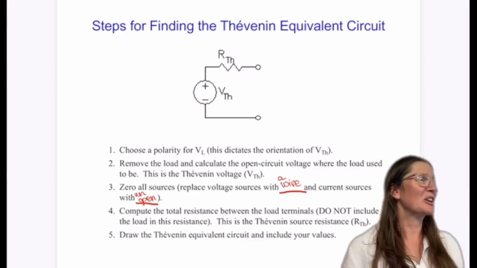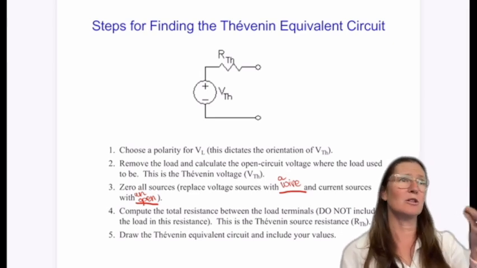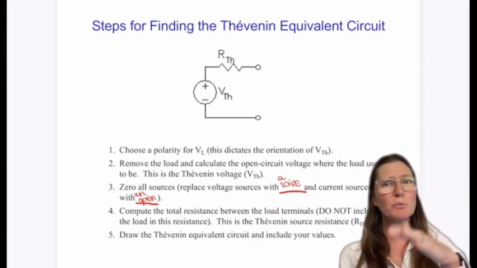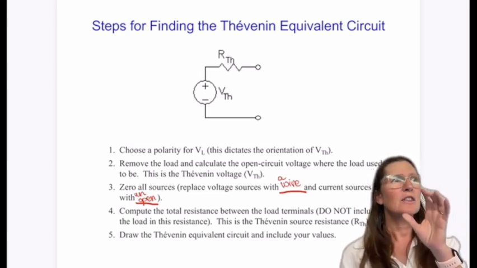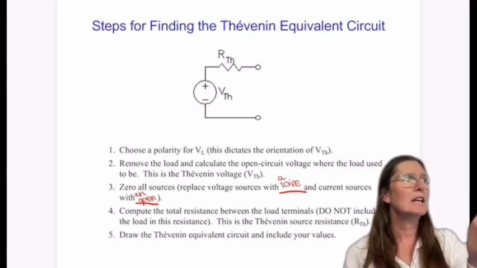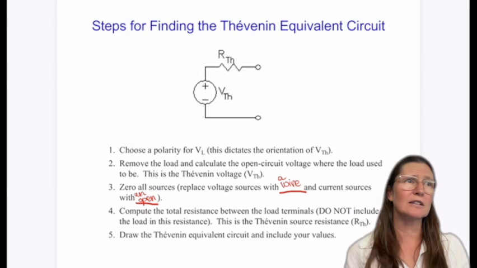That's it. Let's make a complicated circuit into these two simple elements, a resistor and a voltage source. And then if we put a load on this, we can know how much current is going into it very easily and how much power would be drawn into the device that's connected.